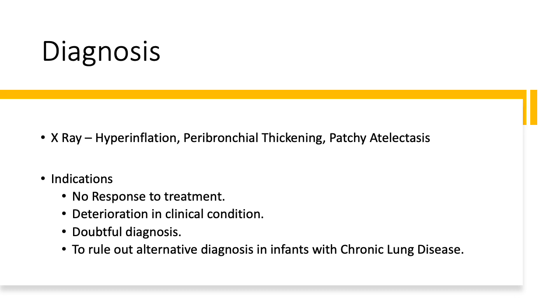In acute bronchiolitis, what findings do we get in an X-ray? We get a hyperinflated chest because of air trapping, peribronchial thickening because of inflammation, and patchy atelectasis because of complete obstruction of small airways in parts of the lungs. These findings can be seen in other diseases also.